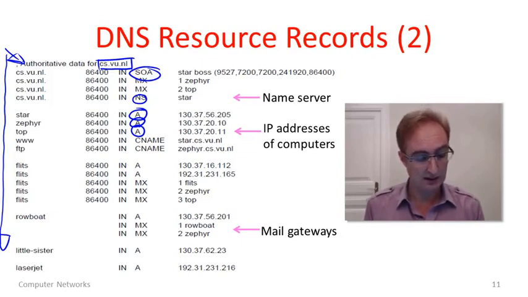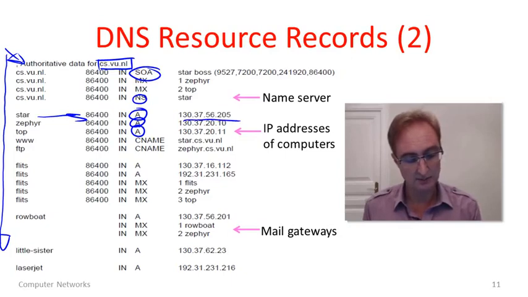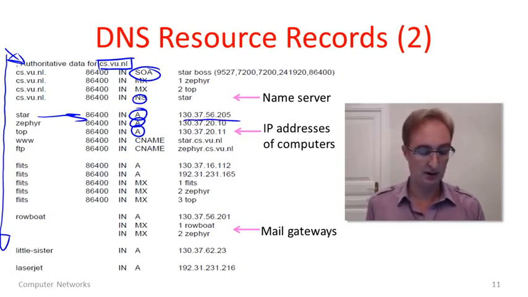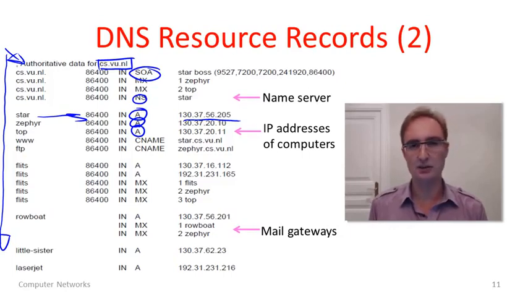We can also find out the IP address for star, because here's the A record for star within cs.vu.nl. This other information is information such as the time to live or validity information. I forget what 86400 is. That might be the number of seconds in a day or something like that. And IN just means internet zone. And I think I'll leave it at that for a DNS record.